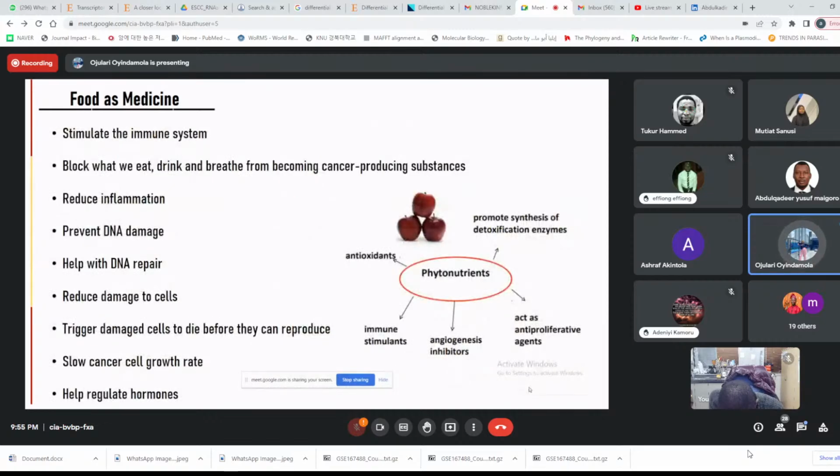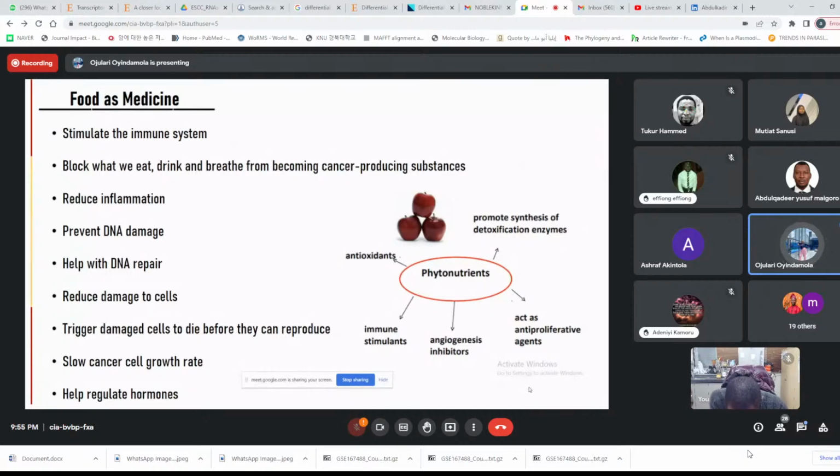Everything that we have mentioned, the food classes, the vitamins, the phytonutrients, the minerals, what they do to us is, starting with phytonutrients, they produce antioxidants.